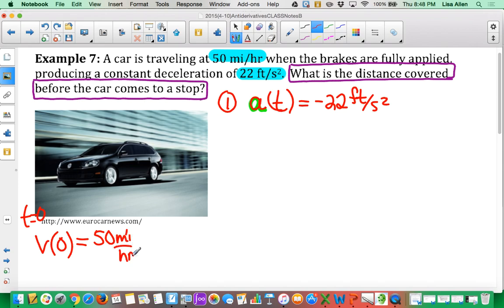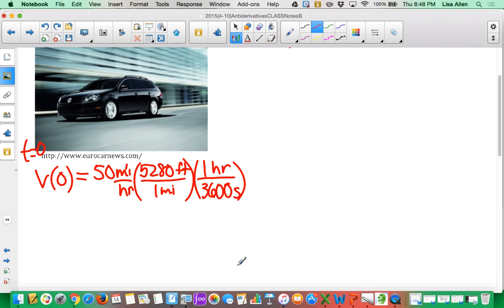The 50 miles per hour is when the brakes are fully applied, but we have acceleration in feet per second squared, so we're going to change the velocity. We multiply 50 miles per hour by 5,280 feet in 1 mile, and then by 1 hour over 3,600 seconds. Then we have v sub 0 in the units that we like.